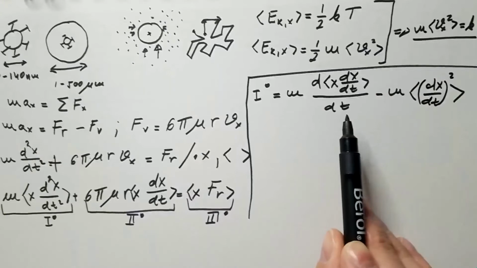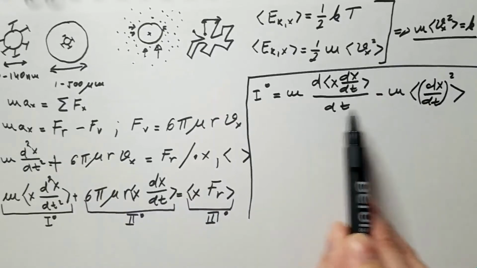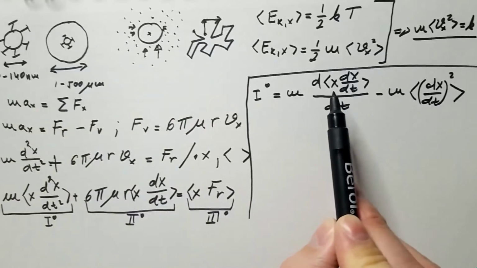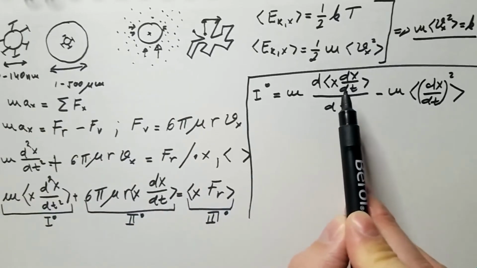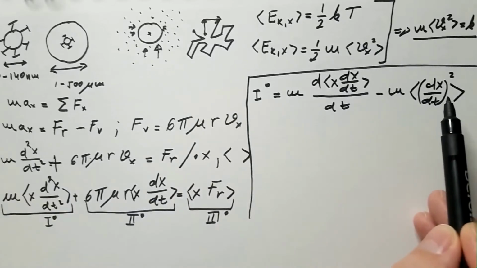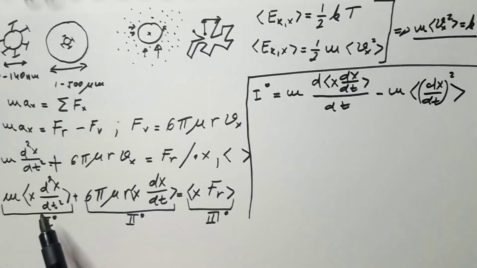You can clearly convince yourself that these two terms are exactly the same as this term, because when you do differentiation of this using the chain rule, you will get cancellation with this term, and the only term that will survive will look exactly like that. So this is exactly the same.